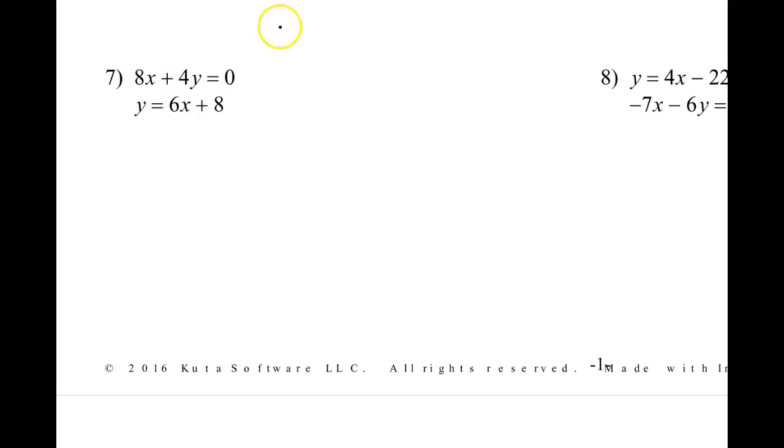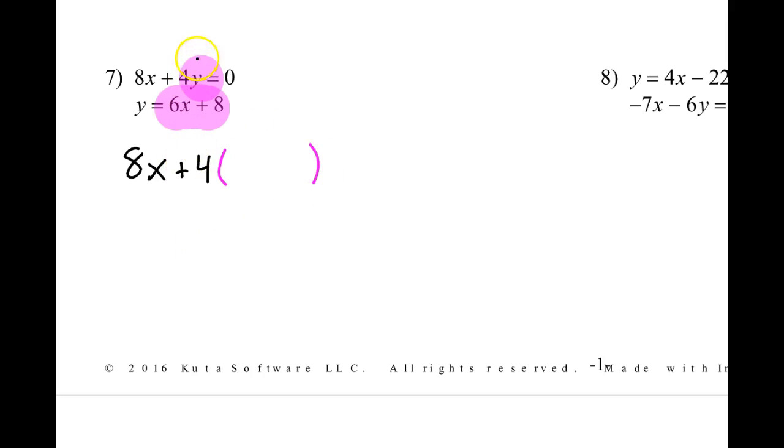Let's look at 7. So plug in, or you're going to substitute.